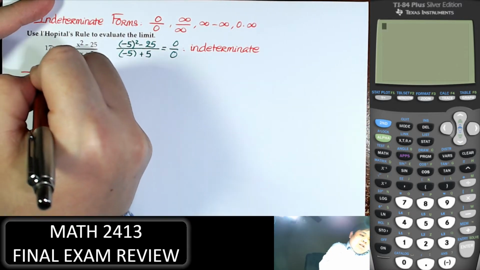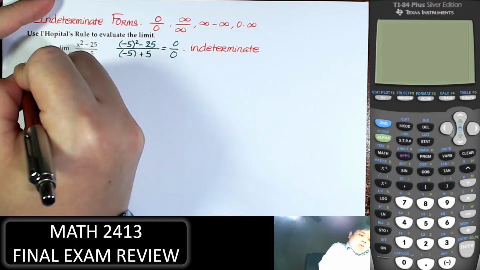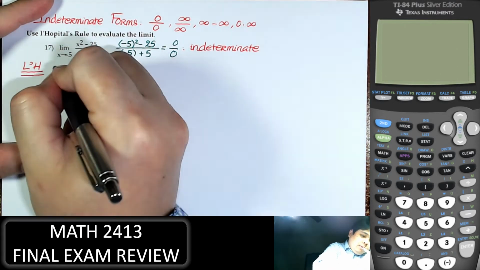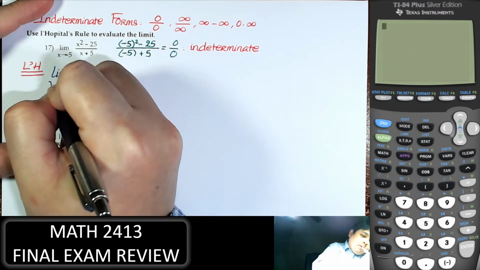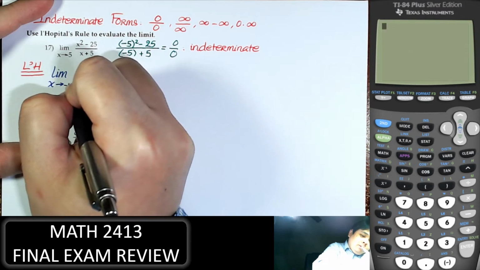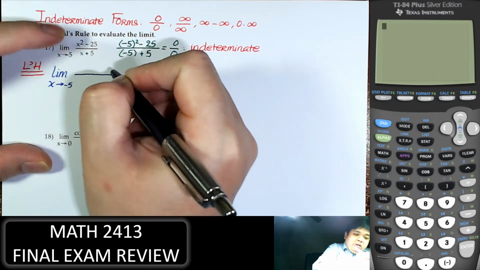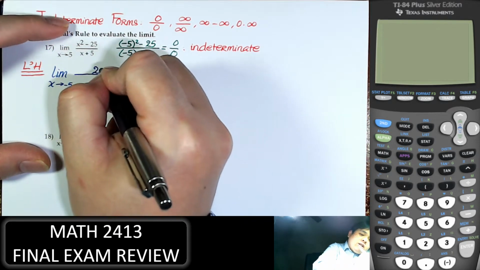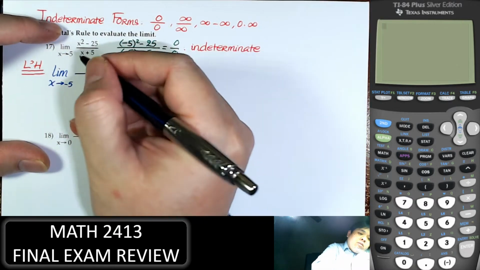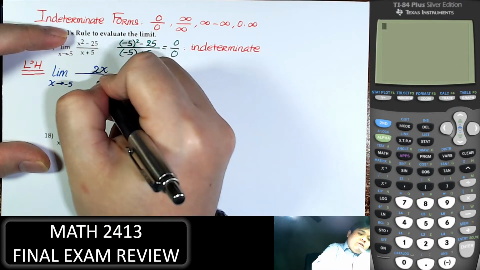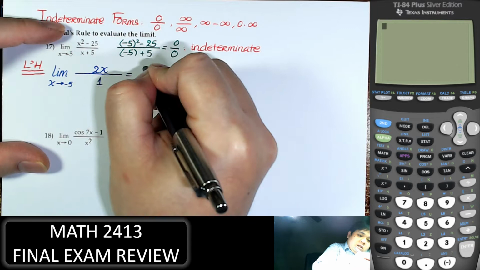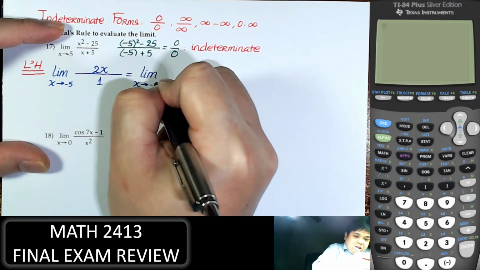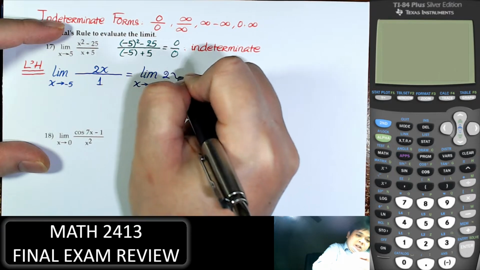Because it is indeterminate, we can use L'Hopital's rule. So we take the derivative of the top, x squared minus 25, the derivative is 2x. The derivative at the bottom, x plus 5, is 1. So this is just the limit as x goes to -5 of 2x.